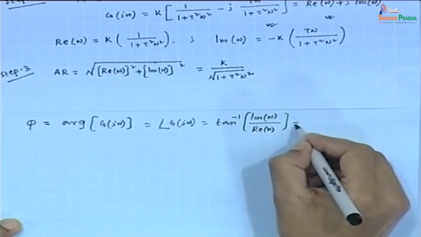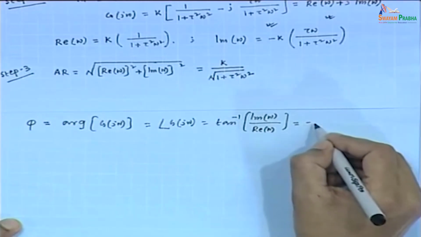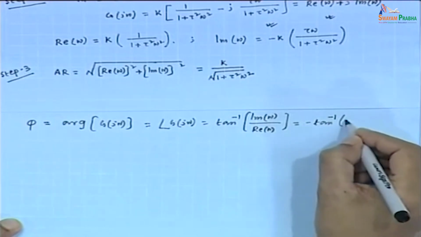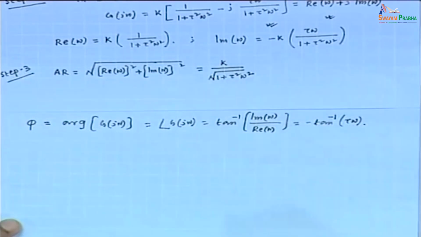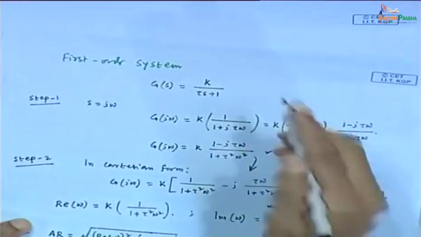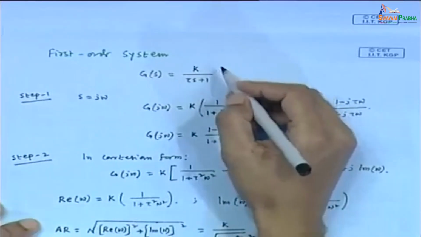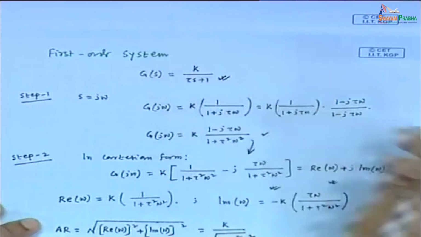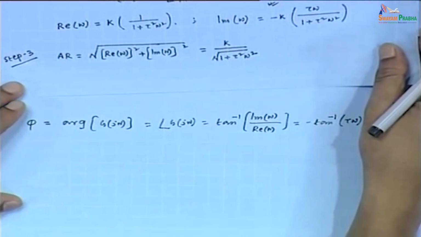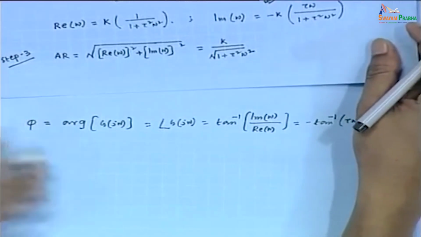Substituting imaginary and real part, we obtain minus tan inverse tau omega. Fine. So, for a first order system having the transfer function G(s) equals K divided by tau s plus 1, we obtain the expressions for amplitude ratio and phi by representing the frequency response transfer function in Cartesian form.